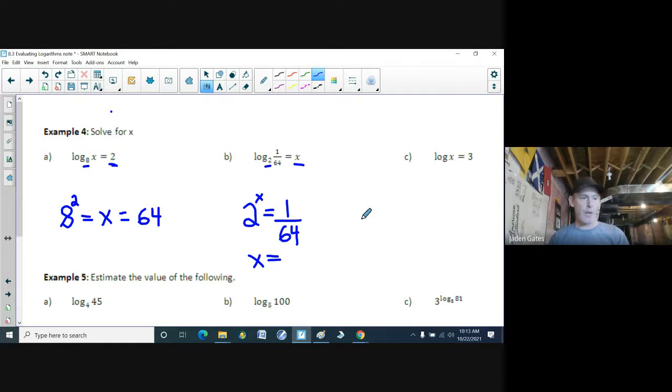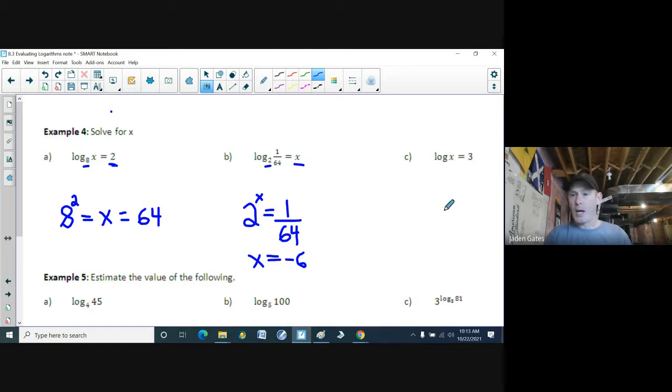And so if I try a bunch of them, I'm going to try 2 to the power of negative 4. No, that's 1/16. 2 to the power of negative 6. Negative 6 would give me 1/64.